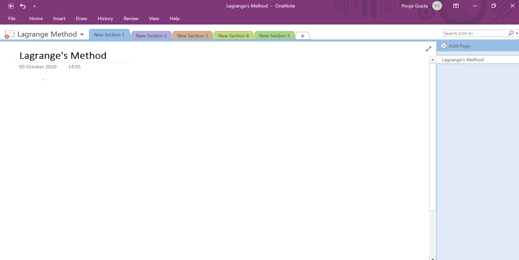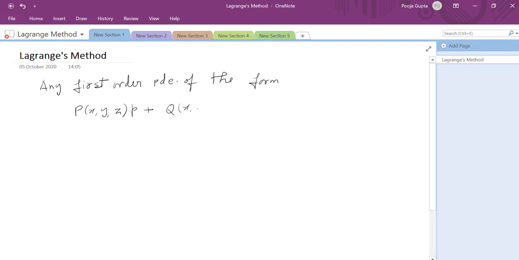Any first order partial differential equation of the form P(x,y,z) into small p plus Q(x,y,z) into small q is equal to R(x,y,z) is known as Lagrange's linear equation.